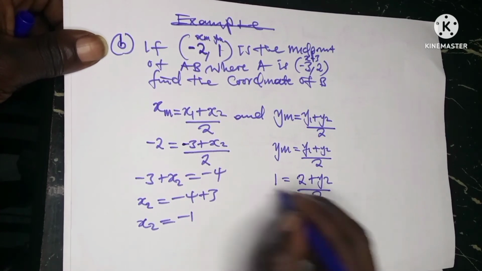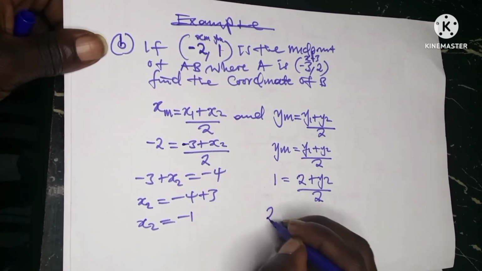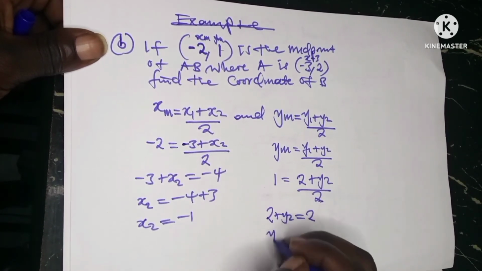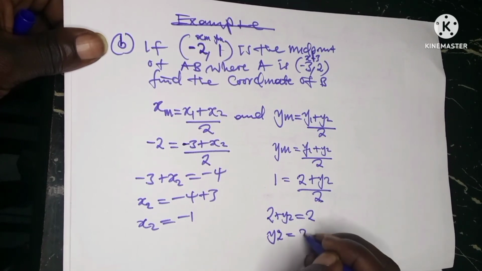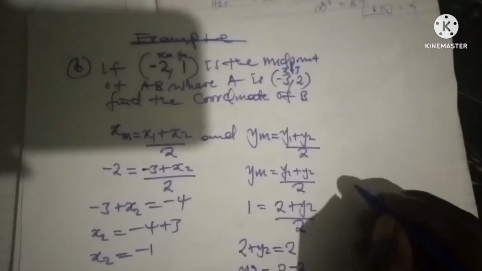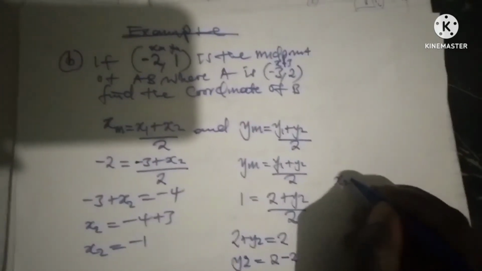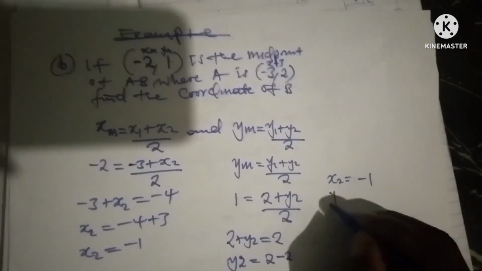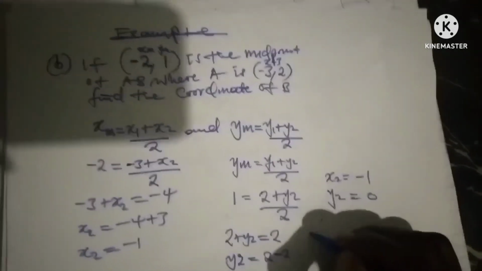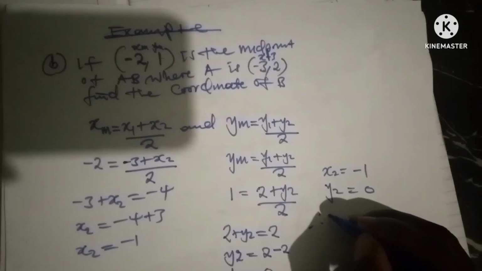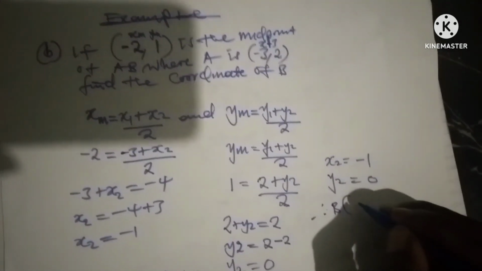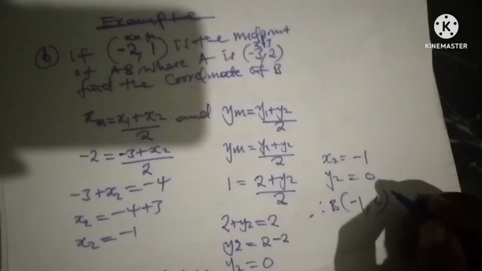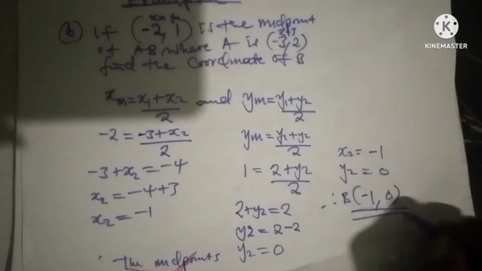So when we multiply 2 times this one, it's going to be 2 plus y2 equals 2 times 1, which is 2. So y2 equals 0. So for x2 we have 7, and for y2 we have 0. Therefore the point for B is (7, 0). So this is the final answer.